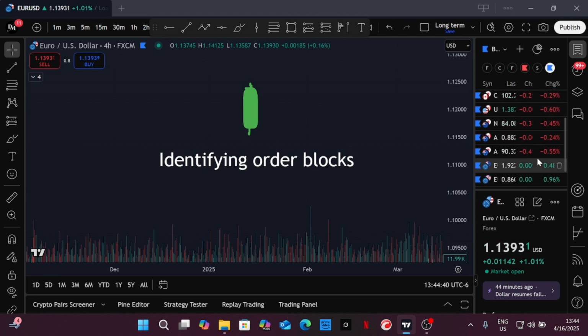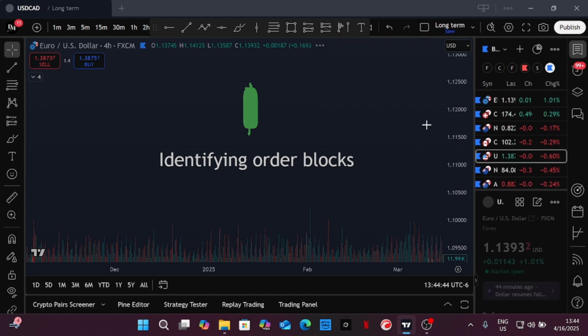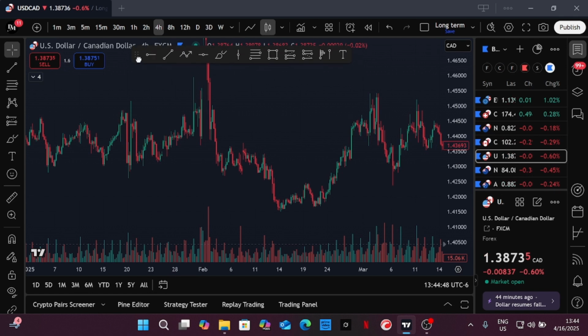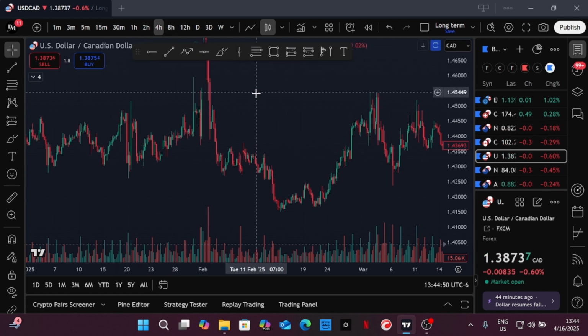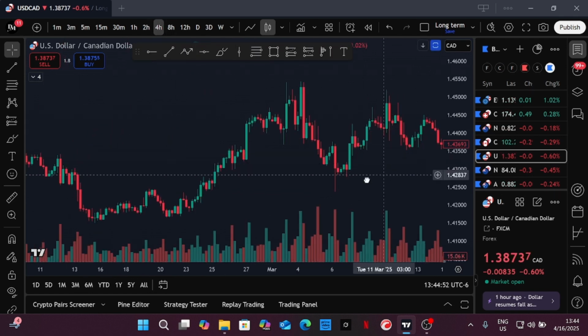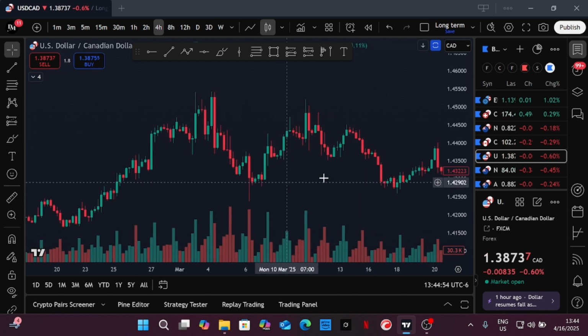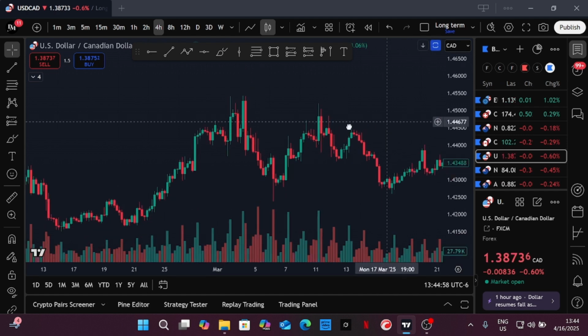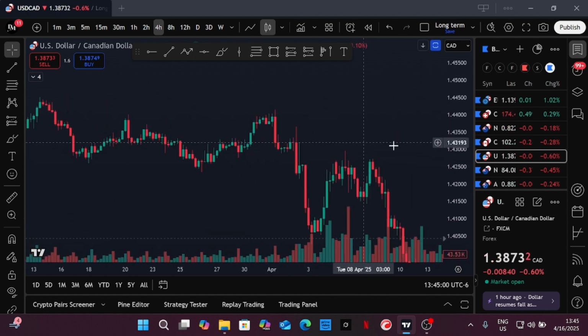We'll do CAD USD. So currently we are on the 4-hour time frame. So each one of these candles is going to be 4 hours long. So what we're looking for is 4-hour order blocks.